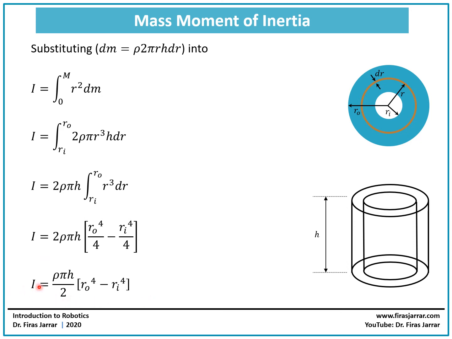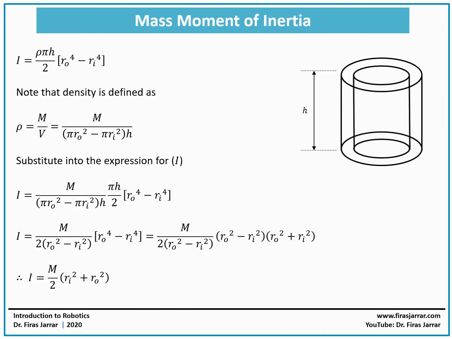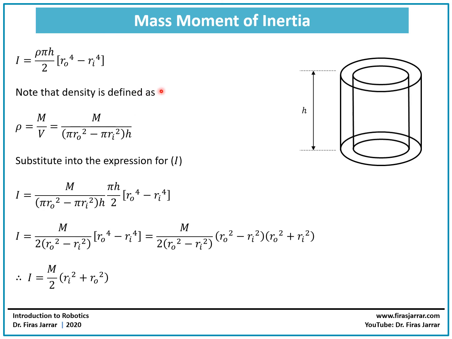So now we have the mass moment of inertia of a hollow cylinder as a function of its density, pi, h, its height, and the outer radius and the inner radius. One thing you want to do is to get rid of the density in this expression. And this is possible because we know that the density is the mass over the volume, where capital M is the total mass of the cylinder and capital V is the total volume.